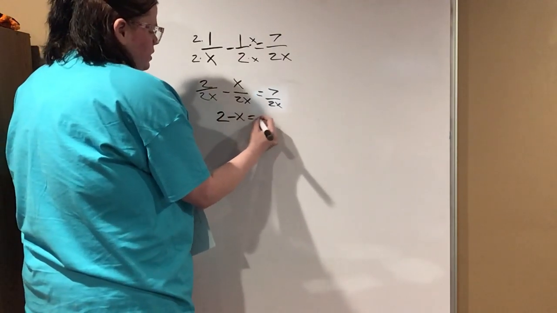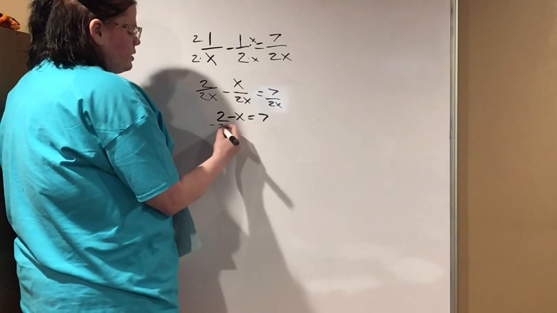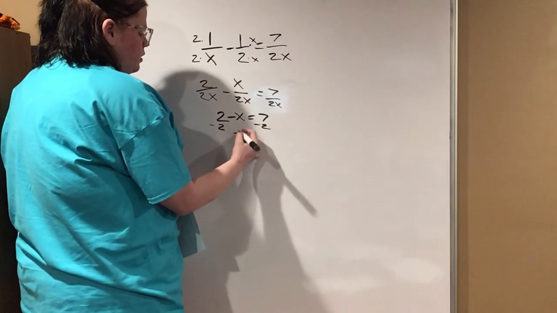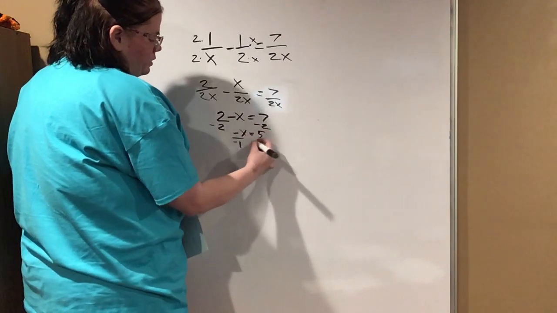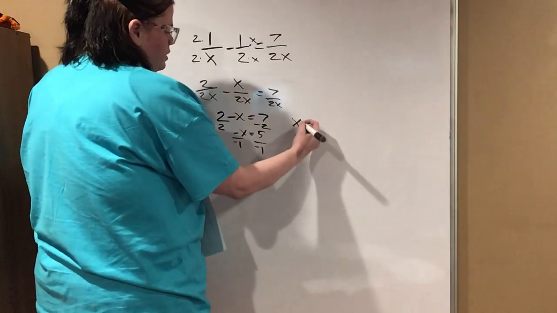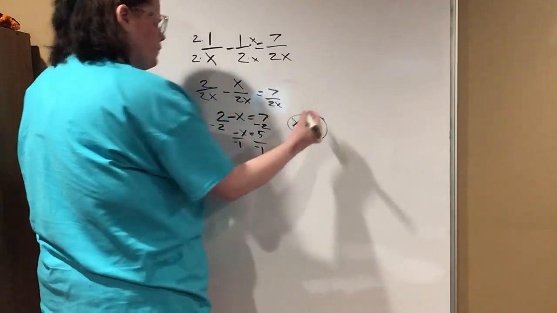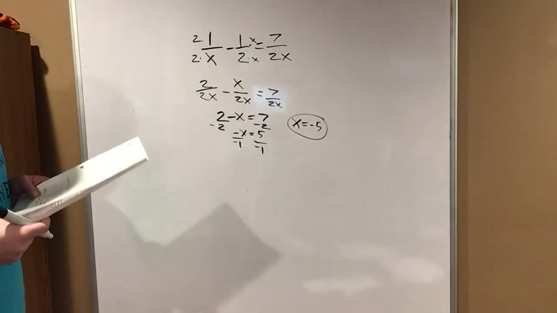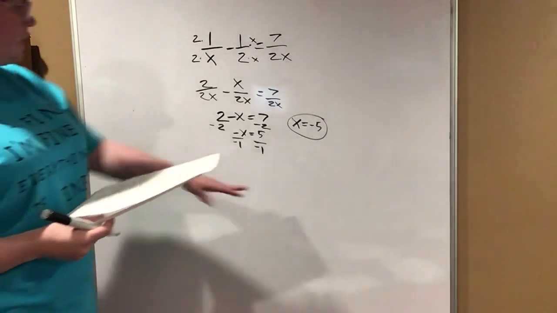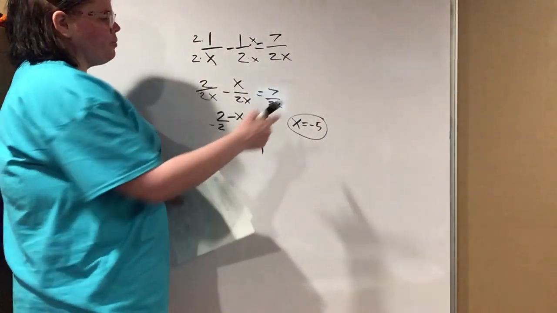2x equals 7. Well, minus 2, positive x equals 5 divided by negative 1. X equals negative 5. And we have just solved that. So our goal is just to solve it, and then once you get it, you have to make sure you're plugging it back in.